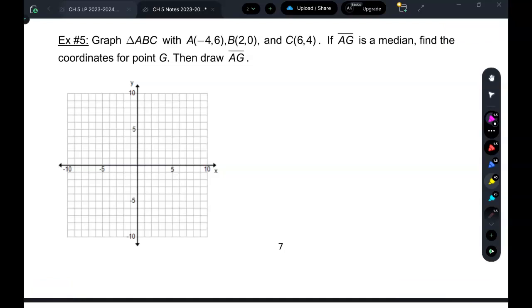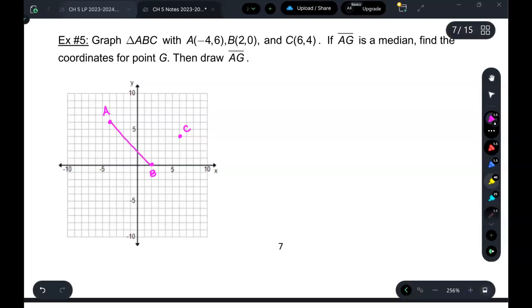Okay, last example. Let's start with graphing. Negative 4, 6 is A. B is 2, 0. Okay, so graph the triangle.